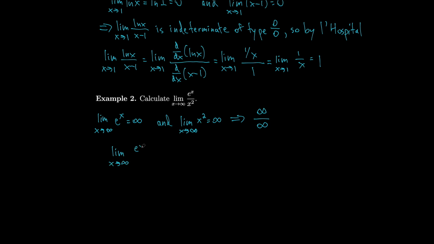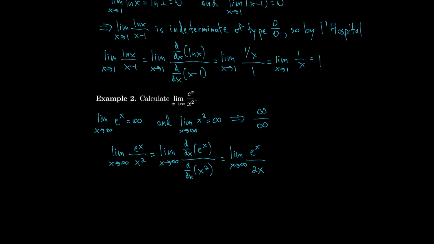So this limit becomes the limit of the derivatives. Remember that the derivative of e to the x is e to the x, and the derivative of x squared is 2x.